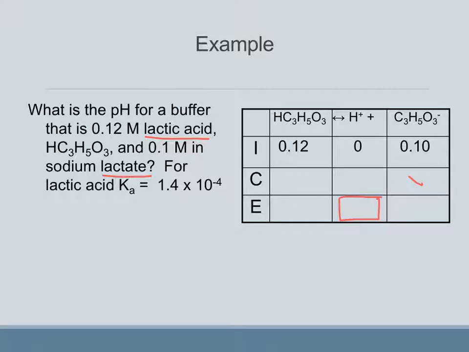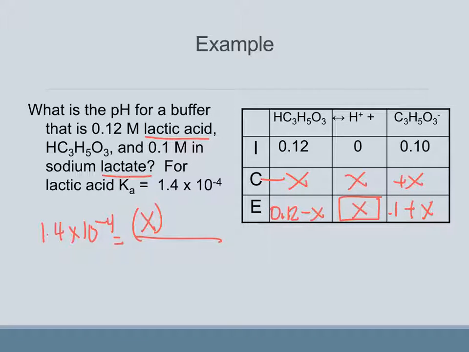We're going to have x's again because we're changing: x and 0.1 plus x on the product side, and 0.12 minus x on the acid side. Our Ka is 1.4 times 10 to the negative fourth.